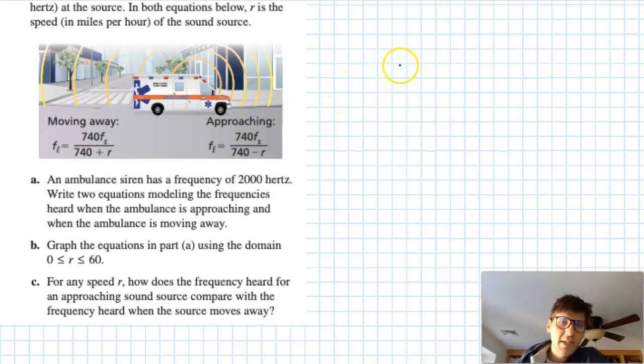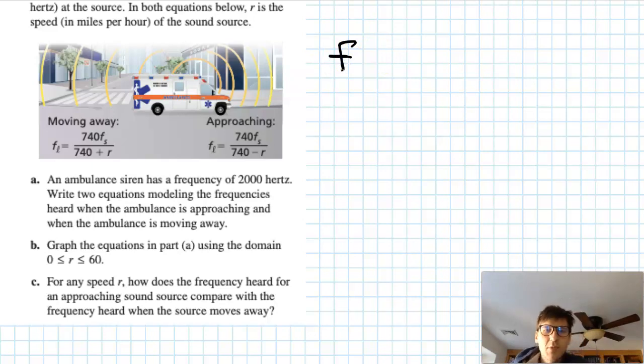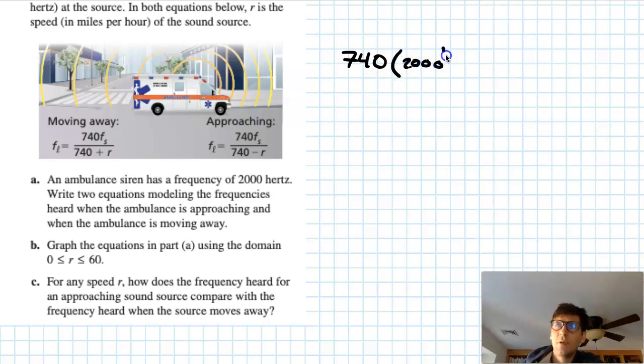They're telling us that if a siren has a frequency of 2000 hertz, so the f of s is the frequency at the source, we are to write two equations modeling the frequencies heard when the ambulance is approaching and when it's going away from you. Well, I'm basically plugging in here, so it'd be 740 times 2000 over 740 plus r.